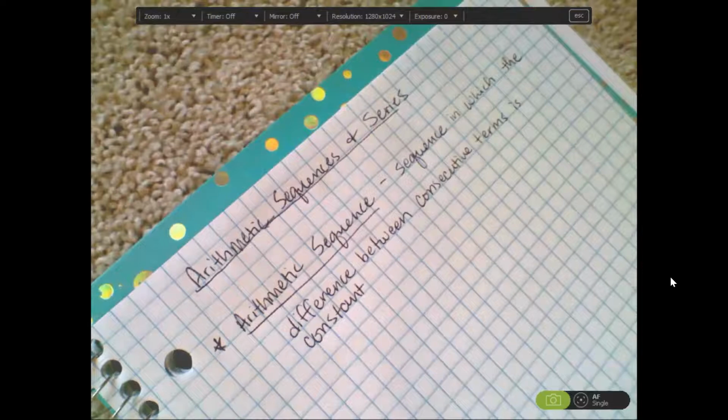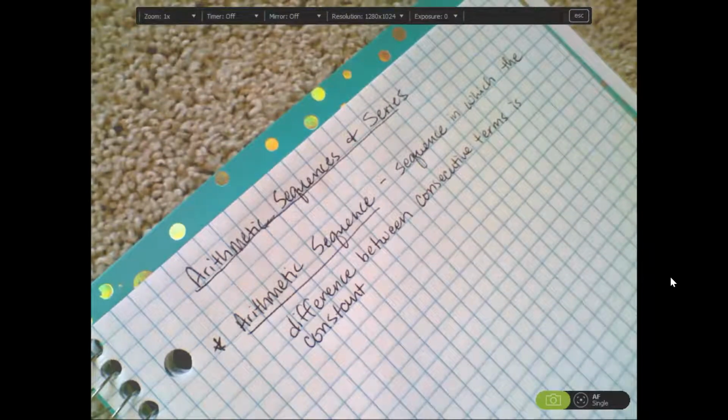So to get from one number to the next in our list of numbers in our sequence, we're just adding the same amount every time or subtracting the same amount every single time. So we might be adding 2 and then we add 2 again and then we add 2 again, or we go from one to the next by subtracting 5 every single time.